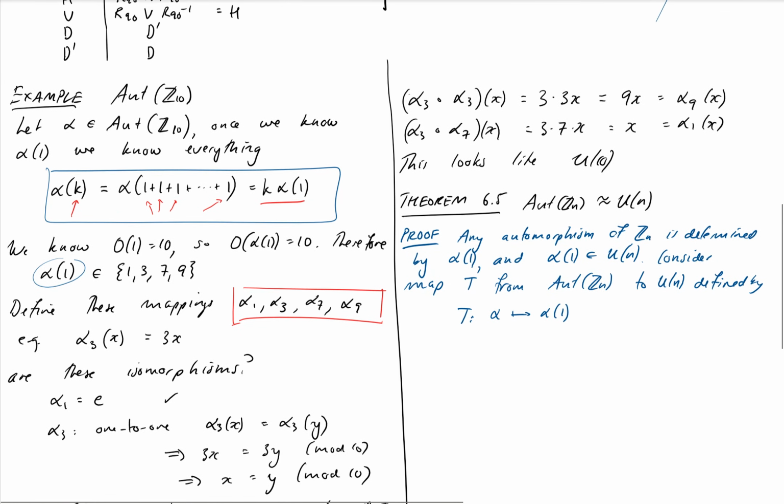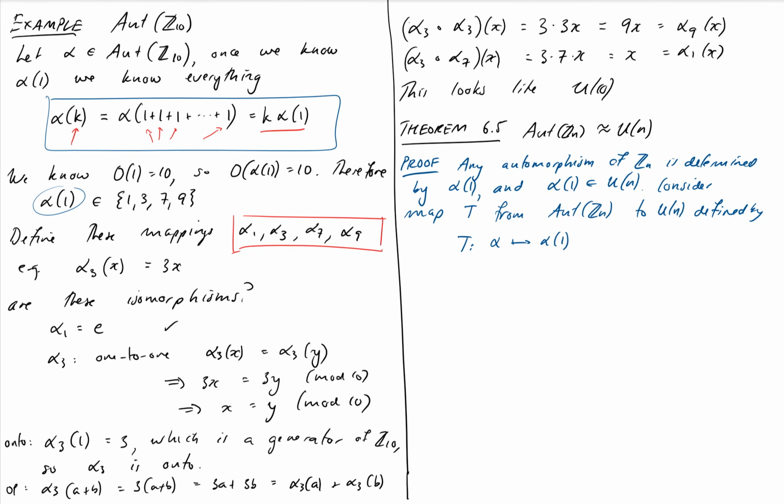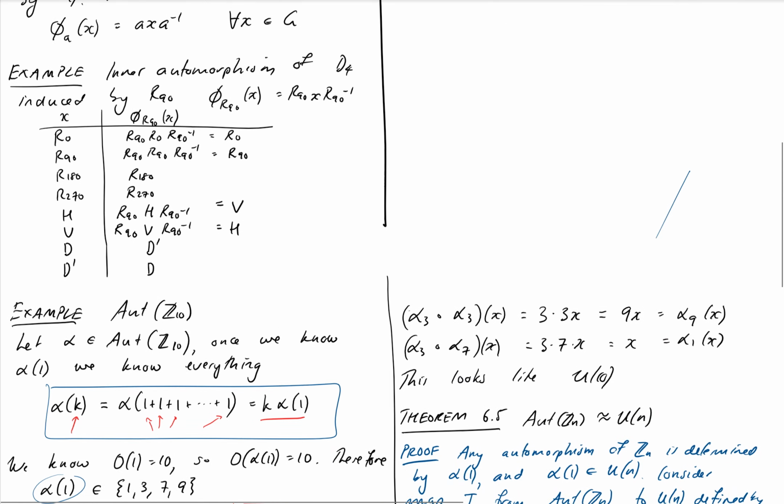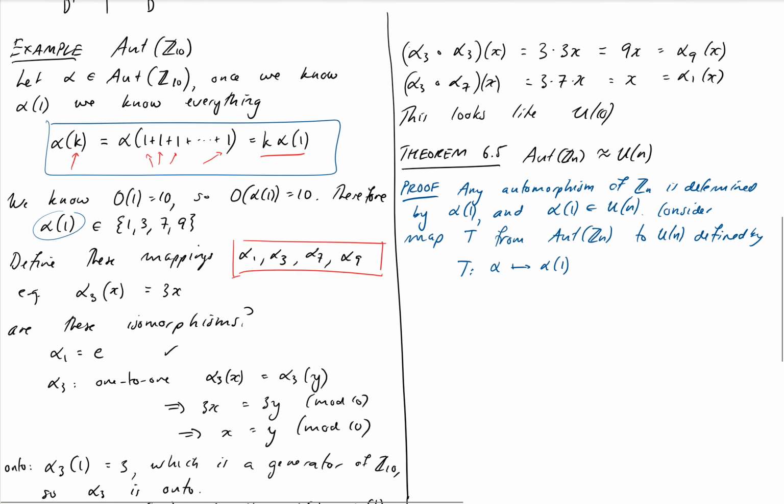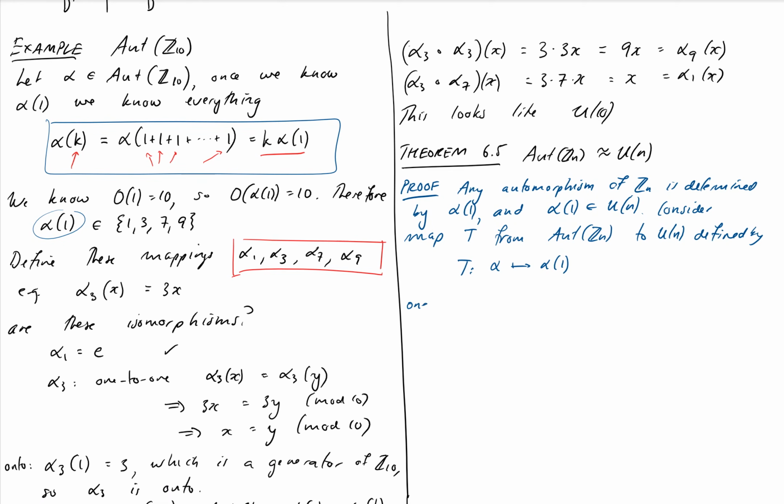So first, 1 to 1. Assume that T maps two different automorphisms to the same thing. Then alpha of 1 equals beta of 1.